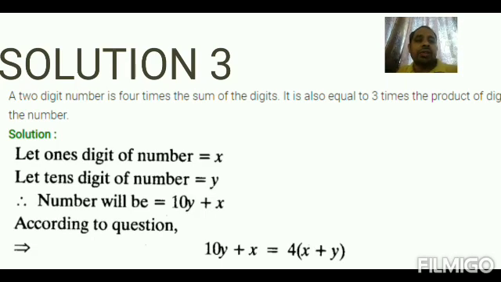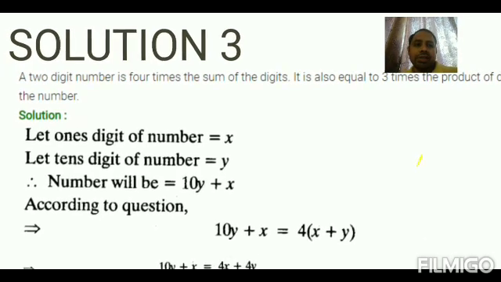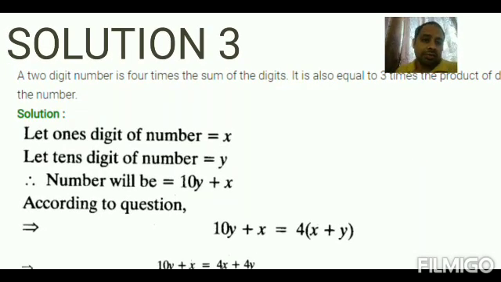Let the 1's digit be x and the 10's digit be y. I have already told you that you can write any 2-digit number as 10 into 10's place plus 1's place. Therefore, the number will be 10 into y plus x, that is 10y plus x.